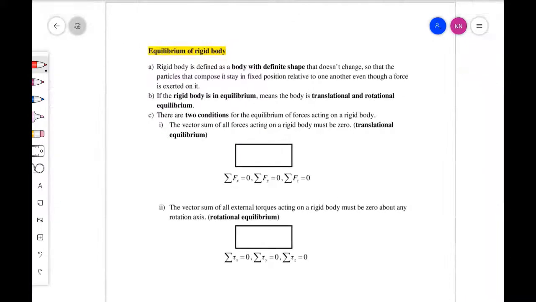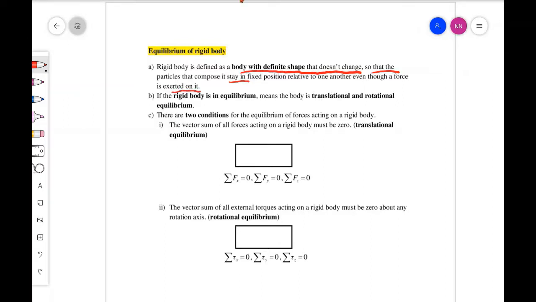Okay, equilibrium of a rigid body. Rigid body is defined as a body with definite shape that doesn't change, so that the particles that compose it stay in fixed position relative to one another even though a force is exerted on it.